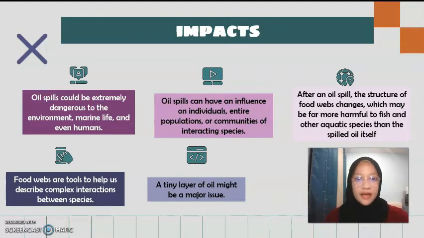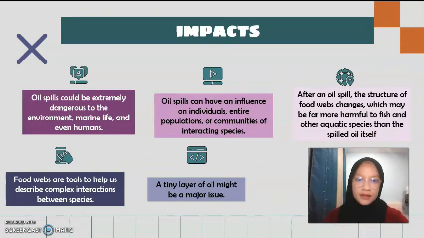Oil spills can have an influence on individuals, entire populations, or communities of interacting species. When covered with oil, fur-bearing mammals such as sea otters lose their capacity to insulate themselves, and birds lose the water repellency of their feathers.